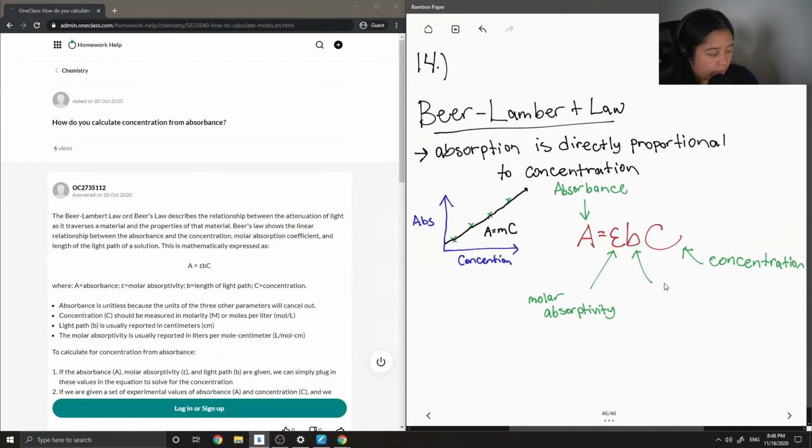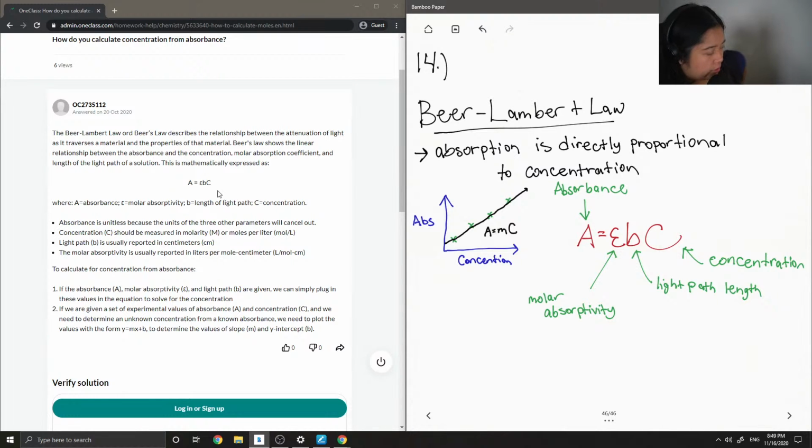And the B is the light path length. So this is usually given to you in the question. Sometimes it's just 1 centimeter. Yep, so that is how one would calculate concentration from absorbance.